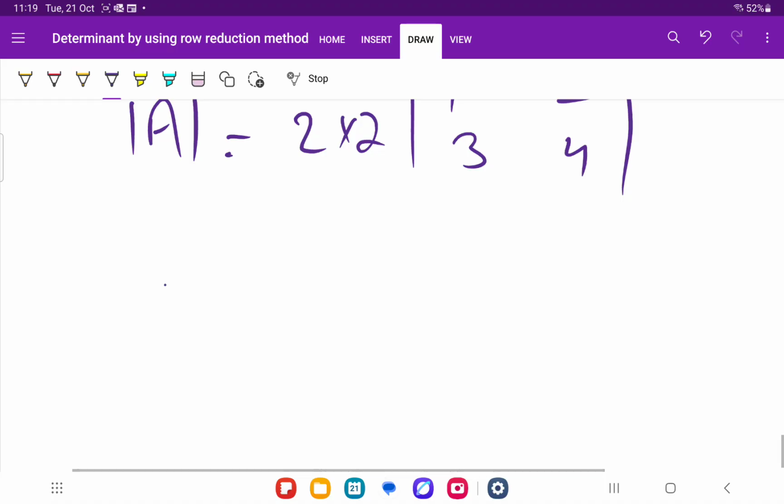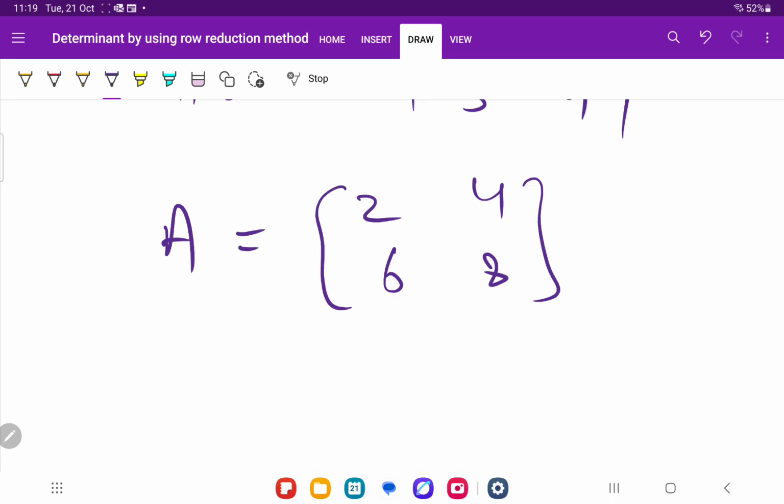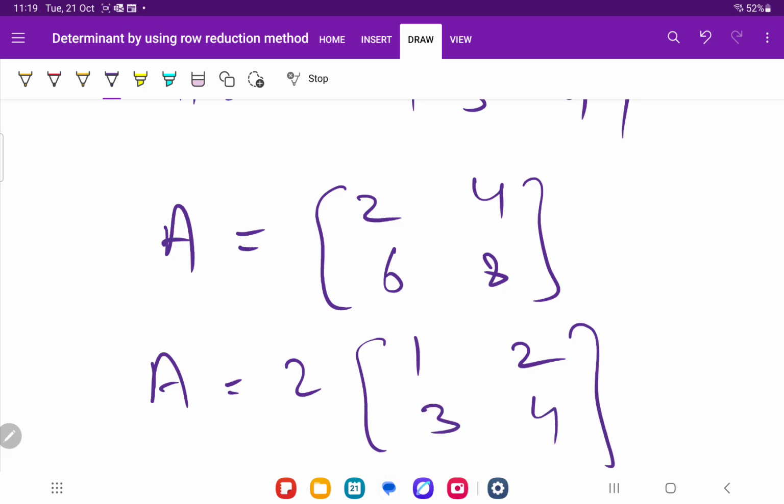For example, a matrix is without straight lines, so 2 4 6 8. In the case of a matrix, if you want to get 2 out, then 1 2 3 4, all the 4 entries, the full matrix, will be affected when you are dealing with a matrix.